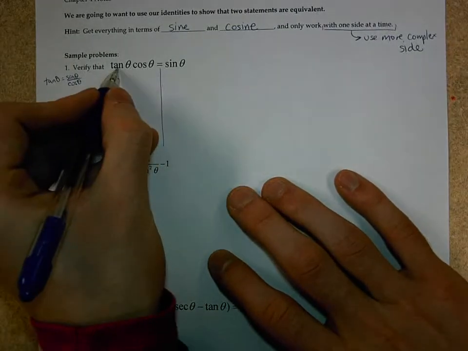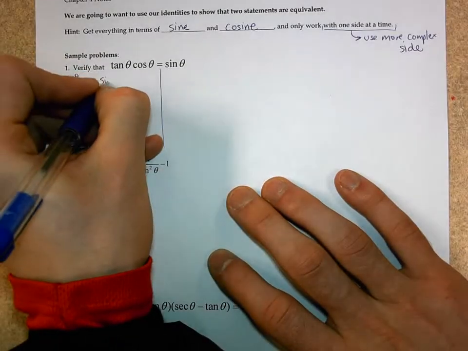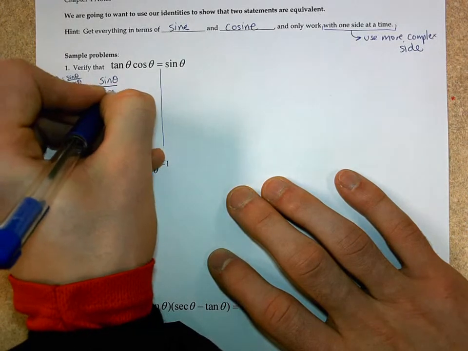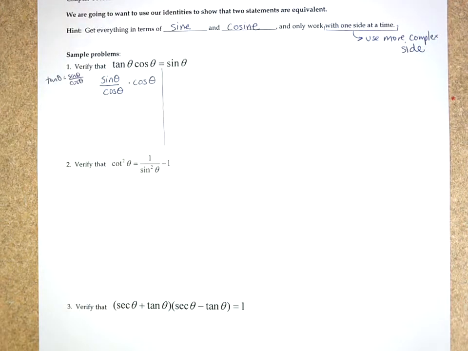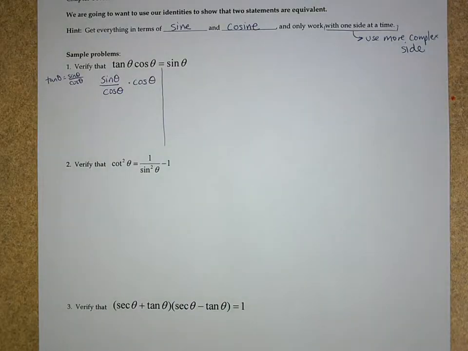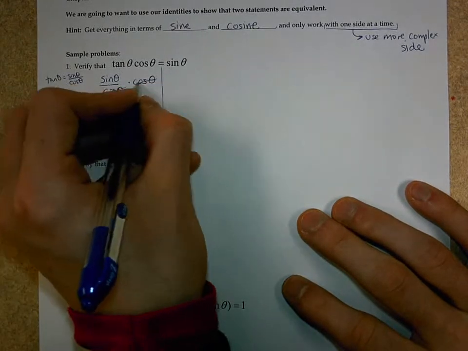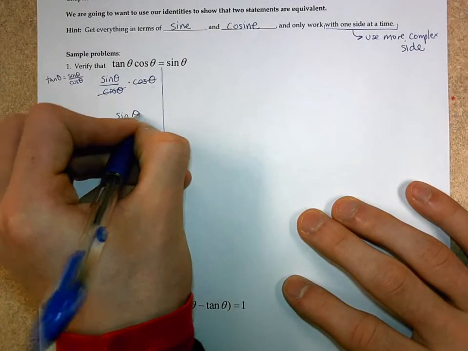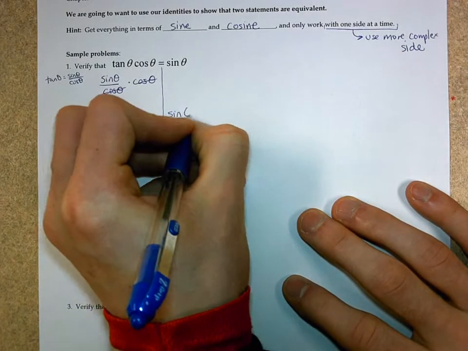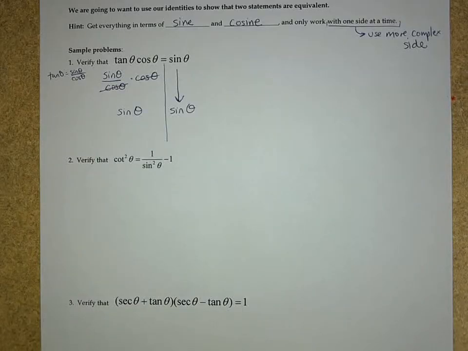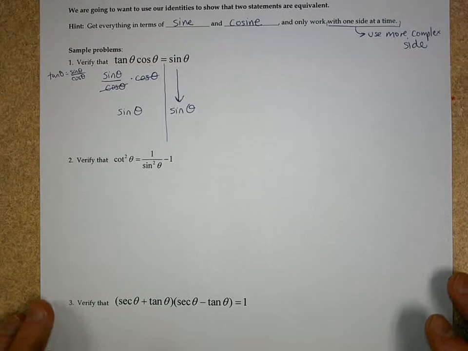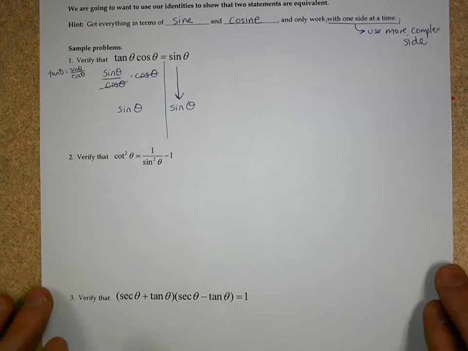So I replace tangent of theta here with sine of theta over the cosine of theta. Now I've got everything in terms of sine and cosine. I can cancel my cosines, and I'm left with the sine of theta, which is what I wanted on the right-hand side. So that was verification of the first identity. Sine is equal to sine.